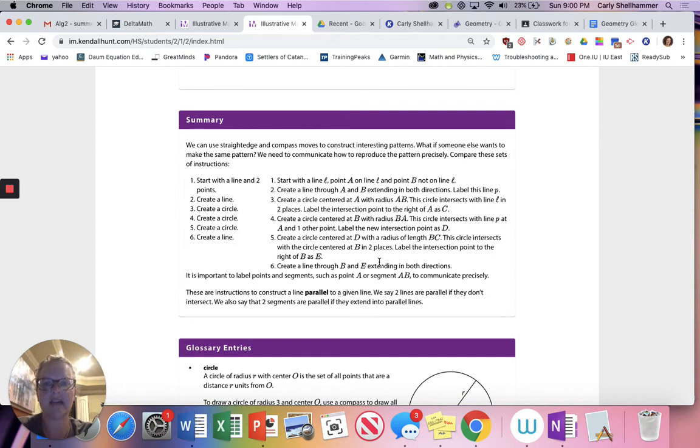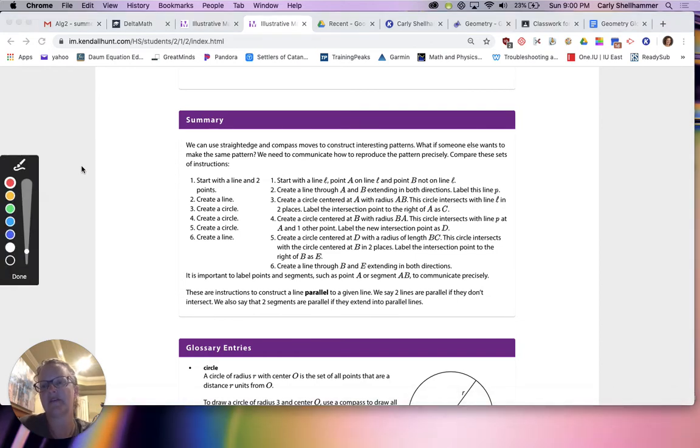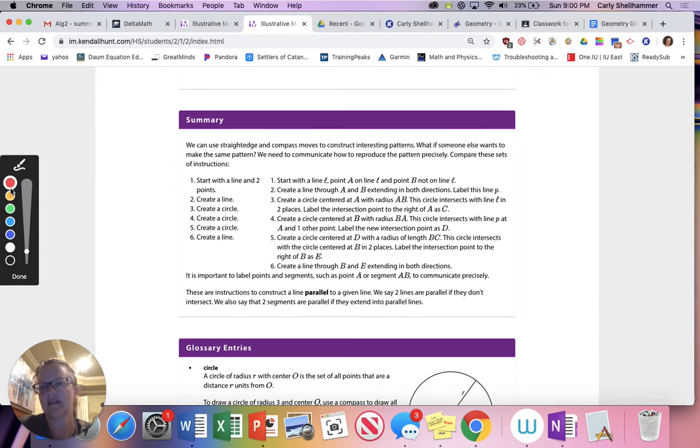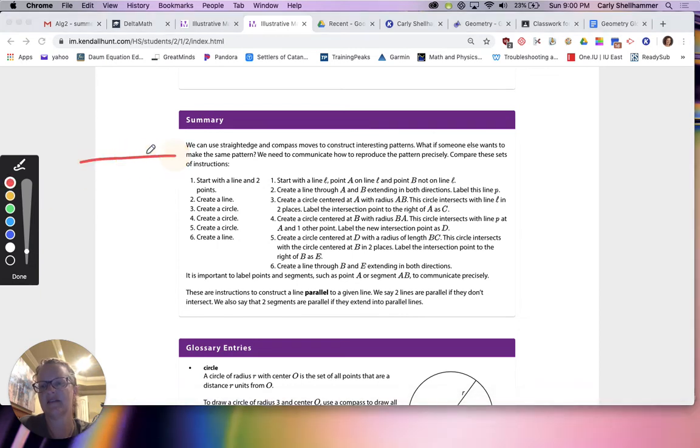Compare these sets of instructions. So step one, start with a line and 2 points. Like if I did that, I would start with a line with 2 points. That's what I hear when I say a line with 2 points. Okay, step 2, create a line.